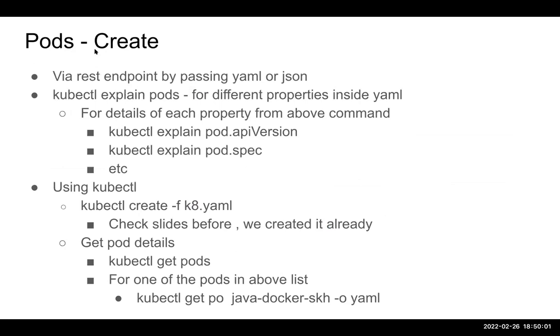We already discussed pod creation. You create the pod via a REST endpoint by passing YAML or JSON. That's one way. The other way is that you don't have YAML or JSON, and you directly invoke the command line, kubectl run image command, where you can pass the parameters.